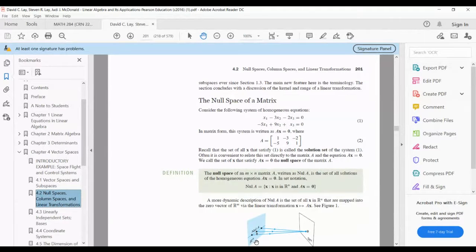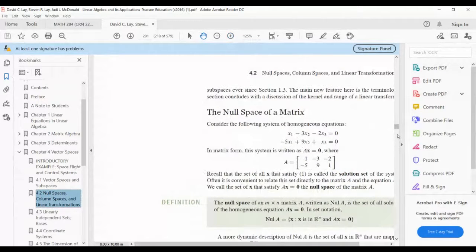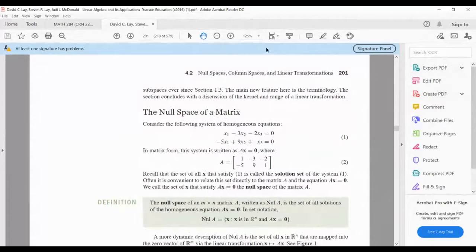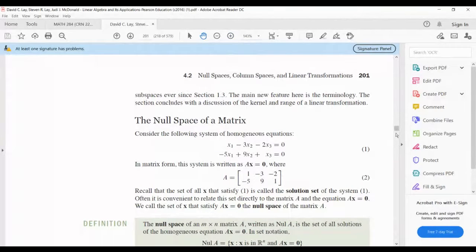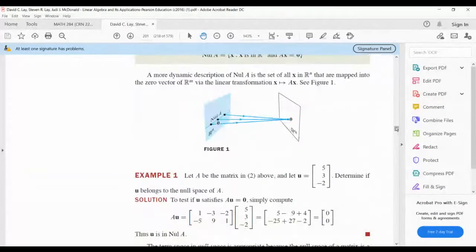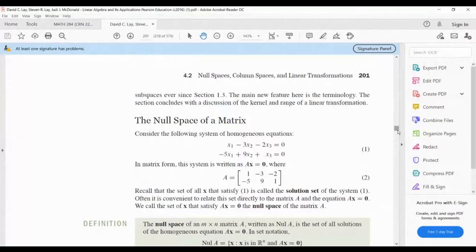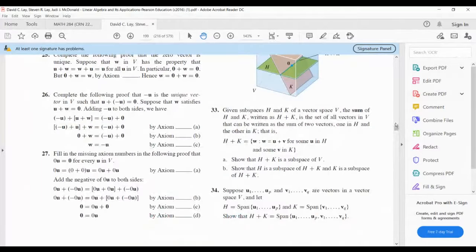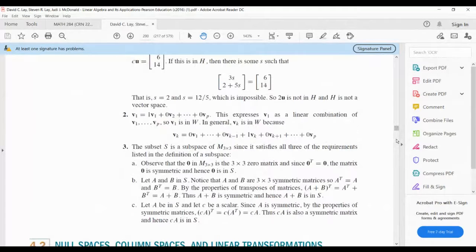Blow this up a little bit. Sorry, I'm having a lot of trouble positioning this.